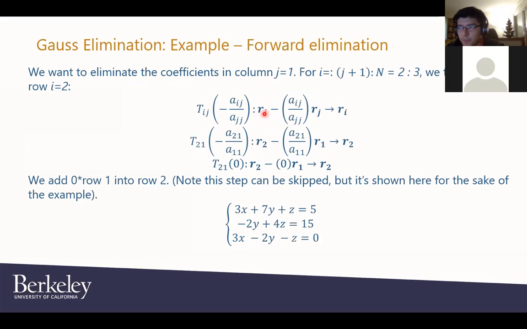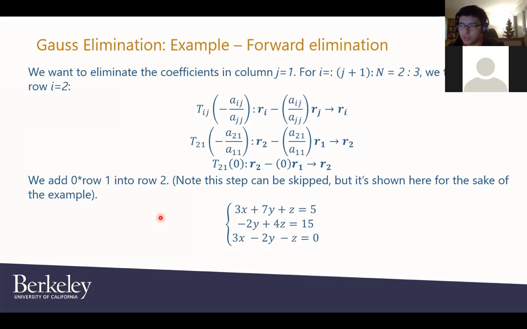For the row we want to turn to 0, the ith row, we subtract a multiple of the jth row. And remember, we are on the jth column. Here, the second row already has a 0.